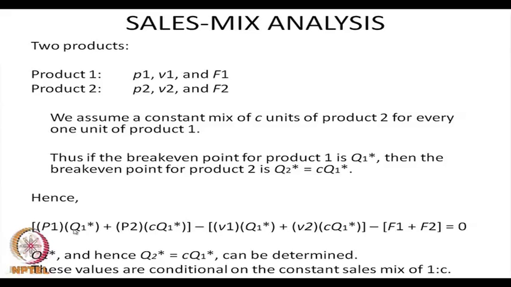We only do not have knowledge of Q1 star, and we can therefore find out the value of Q1 star, and once Q1 star is known, the value of Q2 star can also be found out as equal to C into Q1 star. Now, these values of course are conditional on a constant sales mix of 1:C.